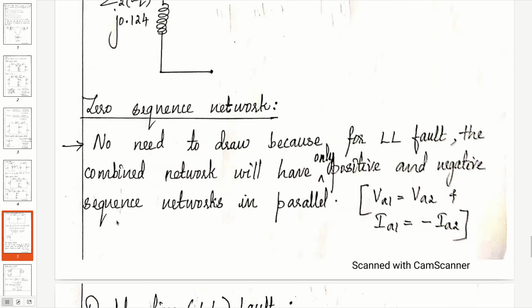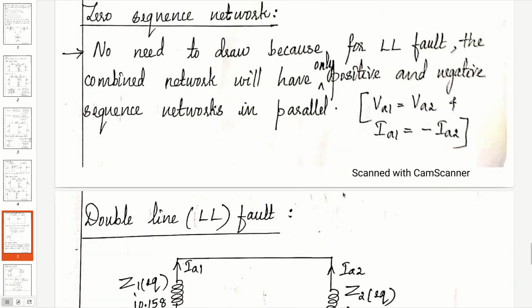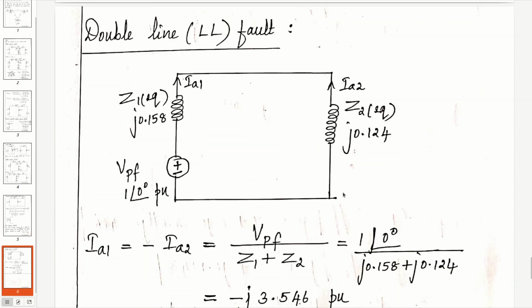That means in the combined sequence network for an LL fault, we will not include the zero sequence network. So for problems where the LL fault current is asked, there is no need to draw the zero sequence network. I have not drawn the zero sequence network in this problem because we have only the positive and negative sequence networks in parallel.